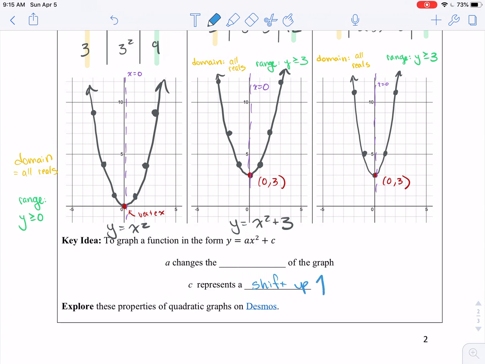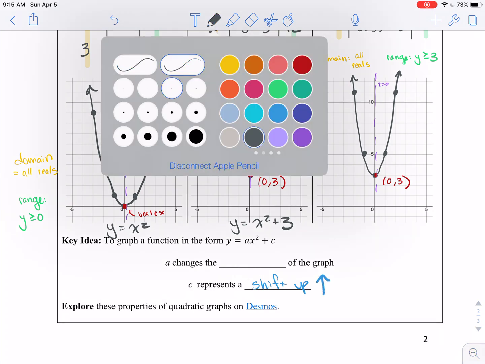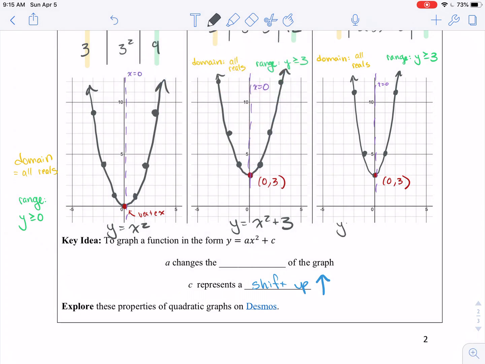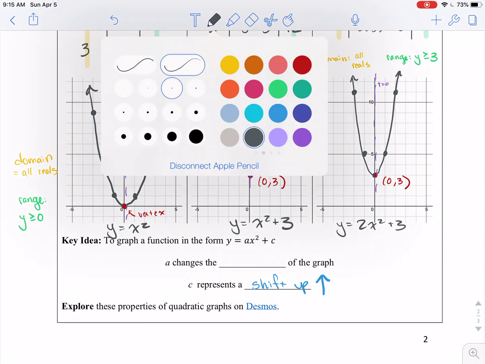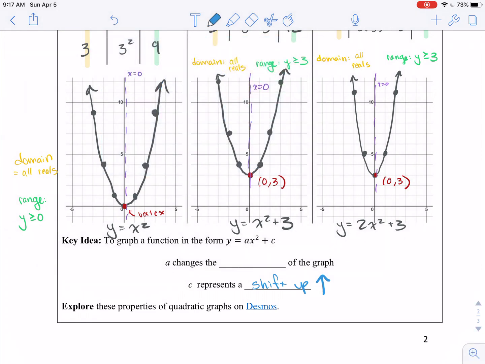That means it goes up. In our third graph, we had y equals 2x squared plus 3. So not only did we take our graph and move it up 3, but we also squeezed the graph. So A will change the width of the graph.